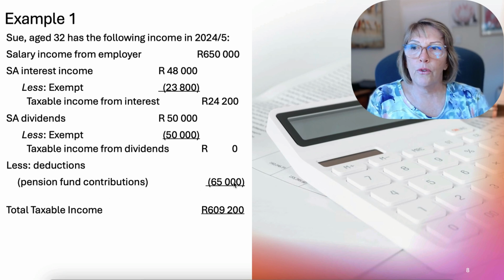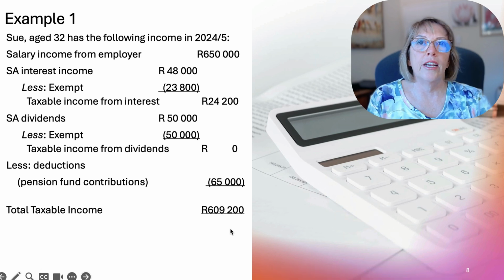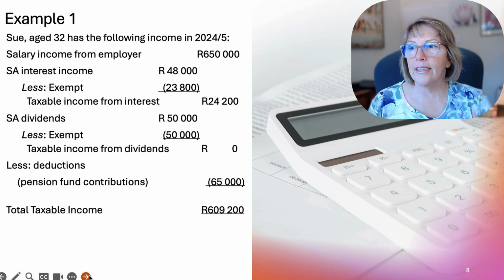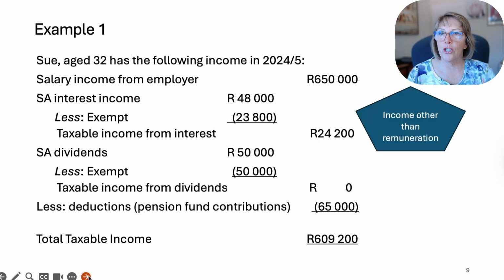She gets a deduction for those contributions. So her taxable income is 609,200. Now, what are we looking at here? We're saying she's got income other than remuneration. Her taxable income is above the tax threshold, all right? Because the tax threshold, we said, for somebody under the age of 65 is 95,750. So she's well above the tax threshold.